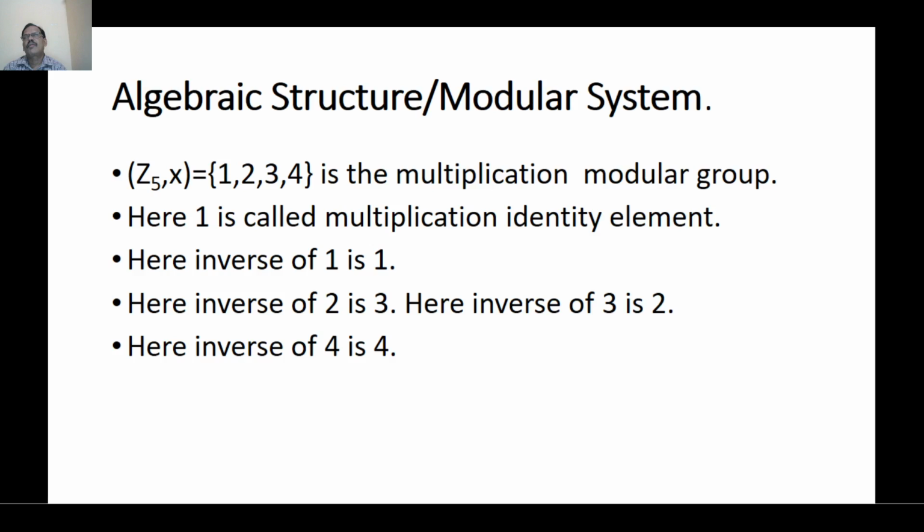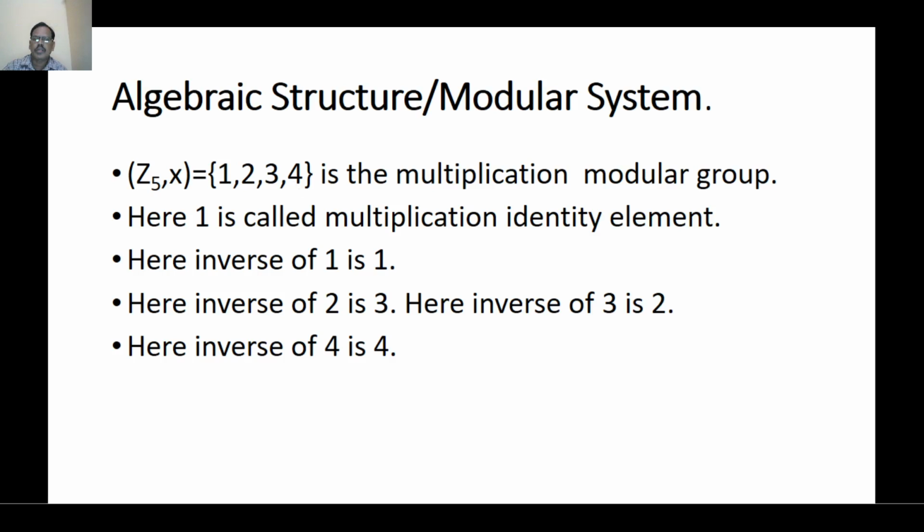So for Z5 under multiplication we take 1, 2, 3, 4 only, not 0. The non-zero elements 1, 2, 3, 4 form an abelian group under multiplication modulo 5.